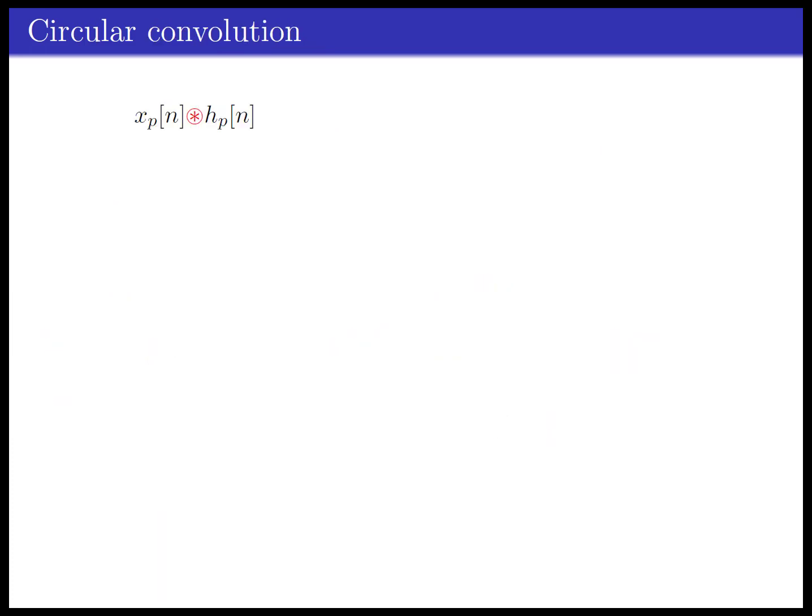The circular convolution is indicated by a star with a circle around it, as denoted by the red symbol, and it is defined as the given product over one fundamental period of xp or hp.